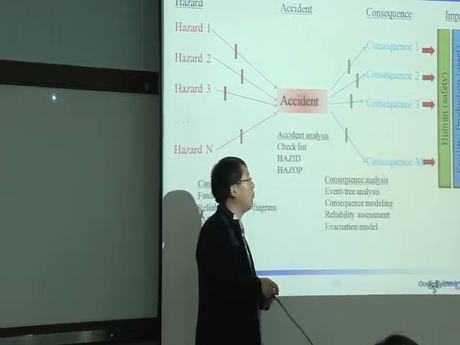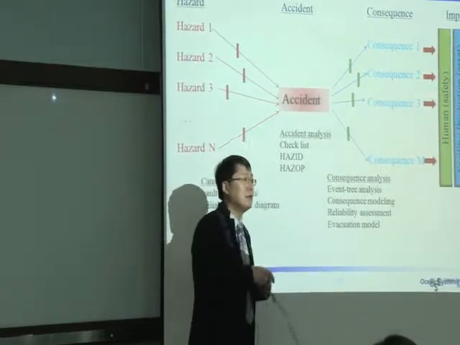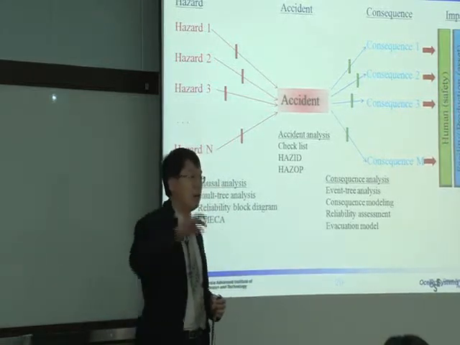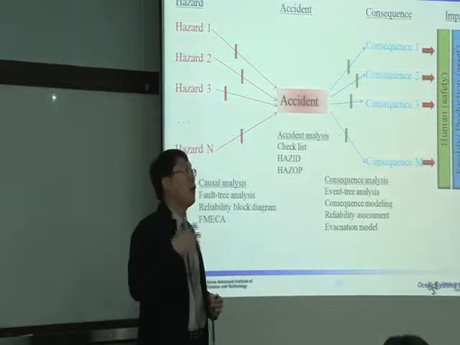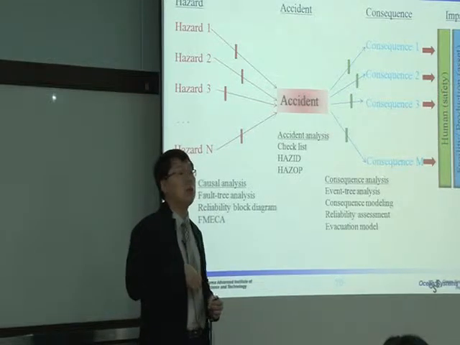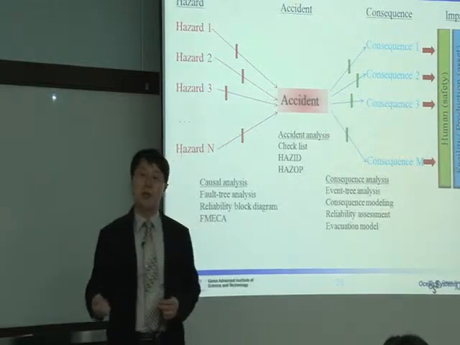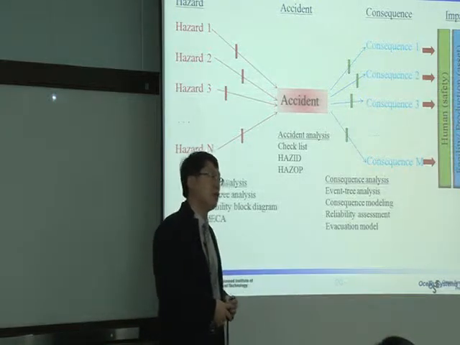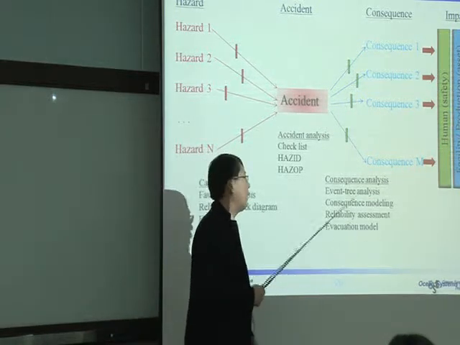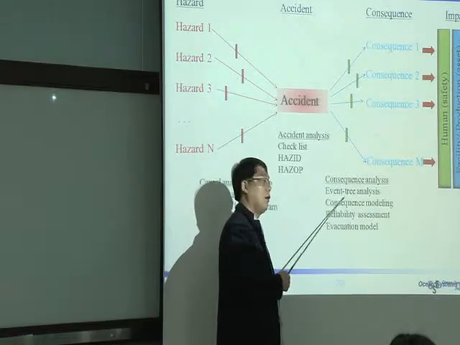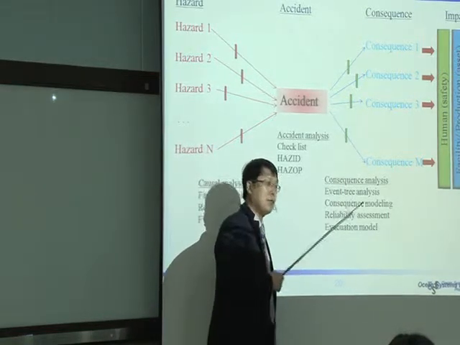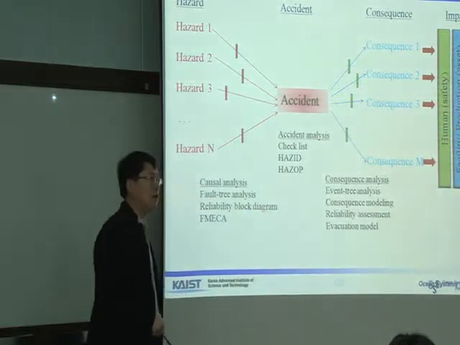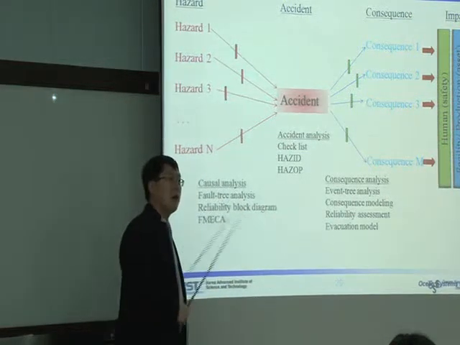It's based on the fact that we have some accident, so the boundary condition is clear, and we can solve the governing equations like the equation of motion, energy conservation, and mass conservation. Then we can analyze the consequence. So industry and academia are experts at this area, but the other side of the story is causal analysis.